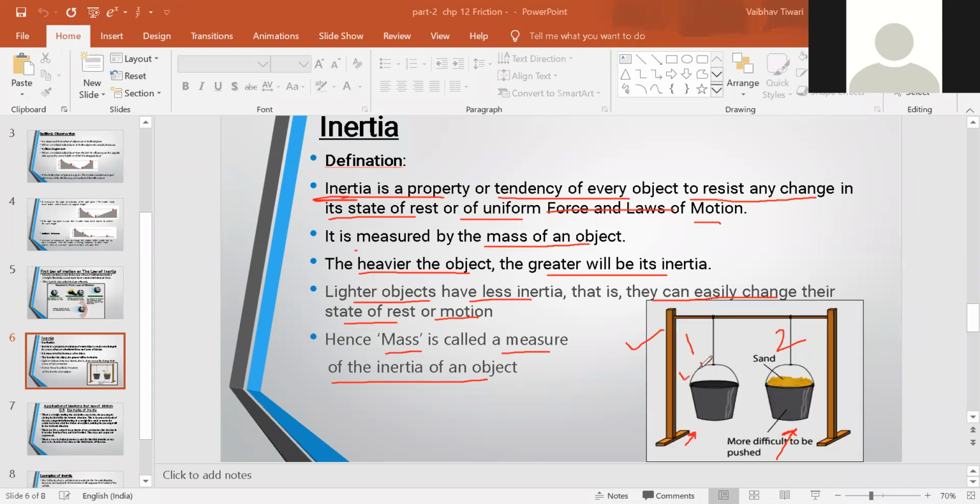But the second one is filled with sand, so the mass is more, so it is difficult to move. So inertia completely depends on mass, and it is a property which tries to resist any change. If a body is at rest, it will resist motion. If a body is in motion, it will resist rest. Exactly opposite.